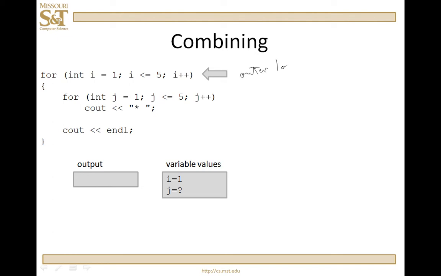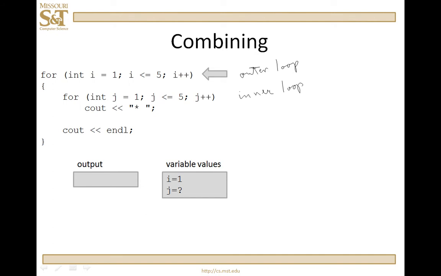That's the first loop. And an inner loop. That's the second loop. Now what this means is that for each iteration of the outer loop, the inner loop is going to be iterated upon a full number of times.